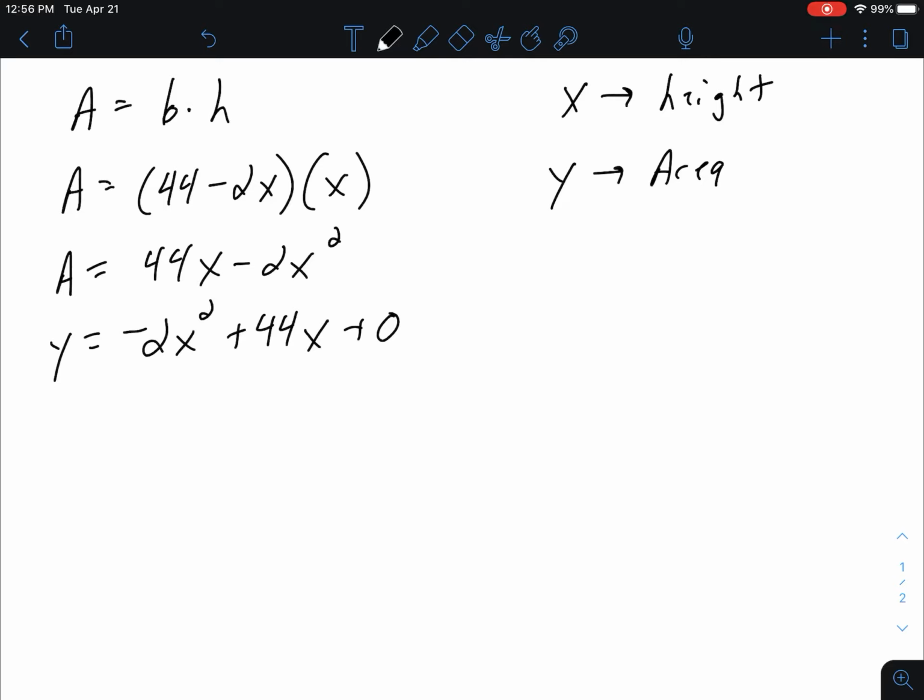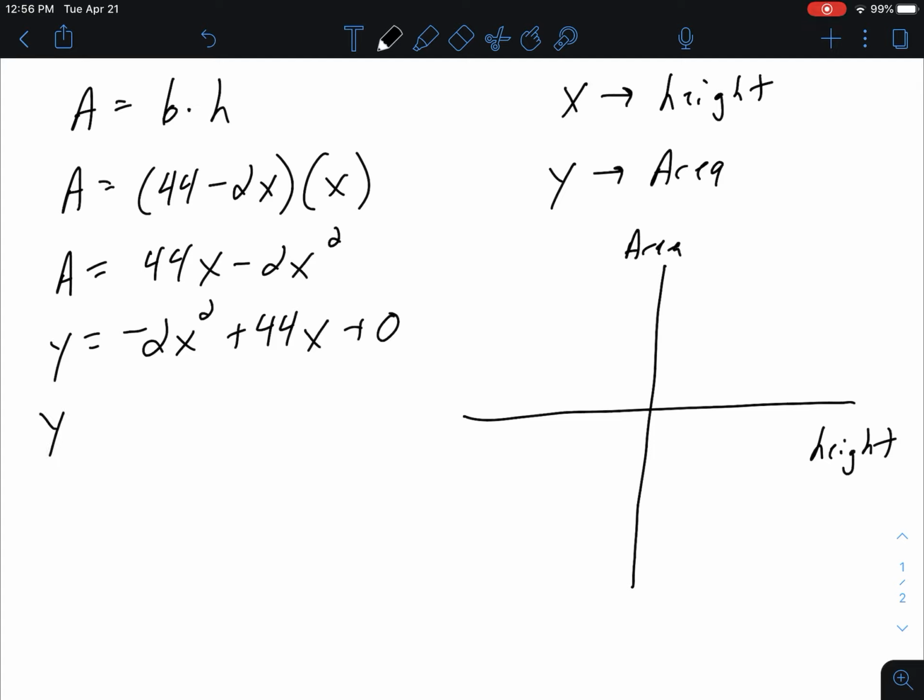So from there, think about what it is we're talking about, right? Well, if I have my X as my height, and my Y is my area, so this is my area, this is my height. I want to maximize my area. So I want to know where I can make that area the biggest that fits within the confines of that equation. A couple things to think about.